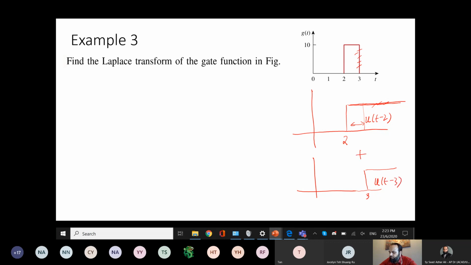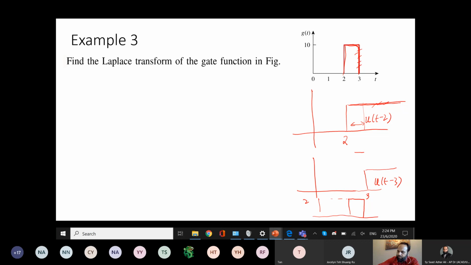So we subtract them, not add them. If we subtract them, we'll get this particular function. Agreed? You can see it will be this and this and this with an amplitude of 10.